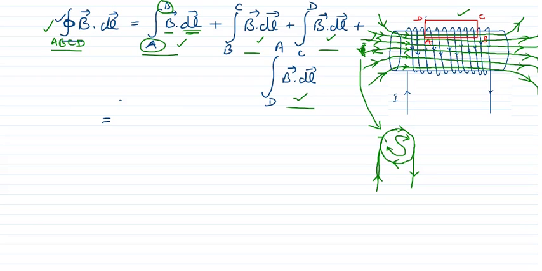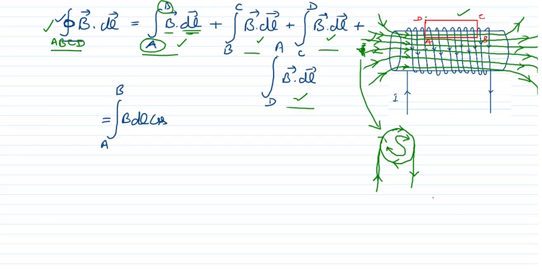What will be the angle between B and dl for AB? It will become B dl cos theta. What do you think the angle between B and dl is? Now I will redraw the diagram so that it may be clear to you.